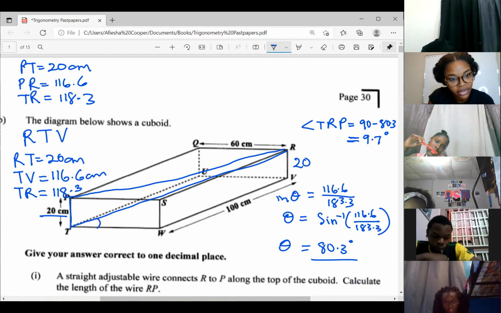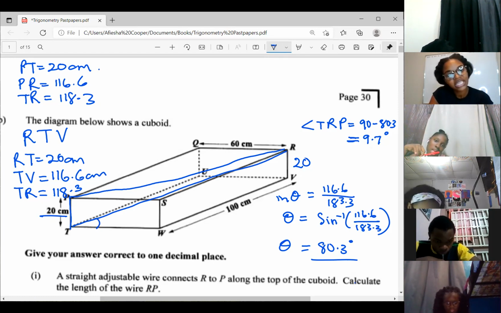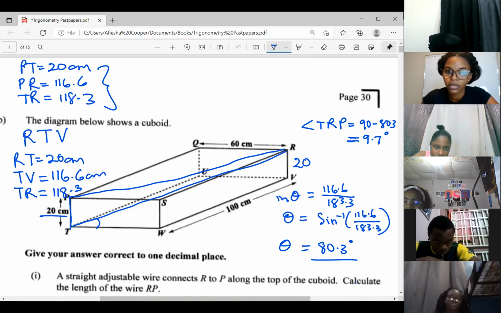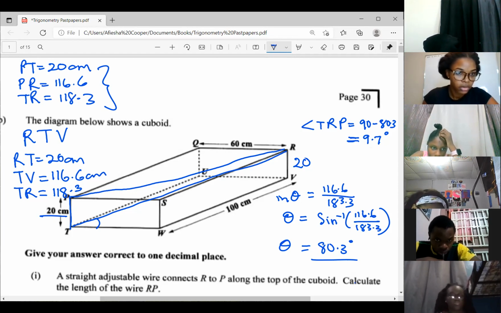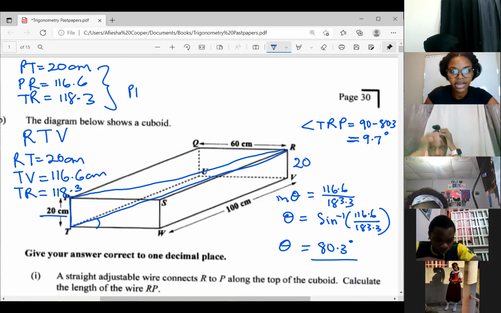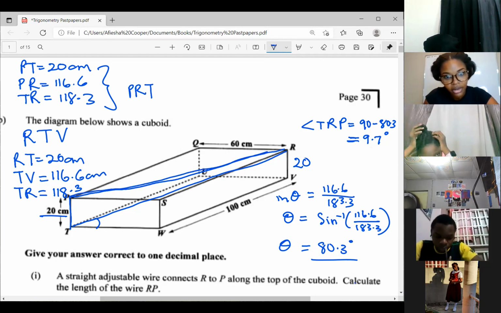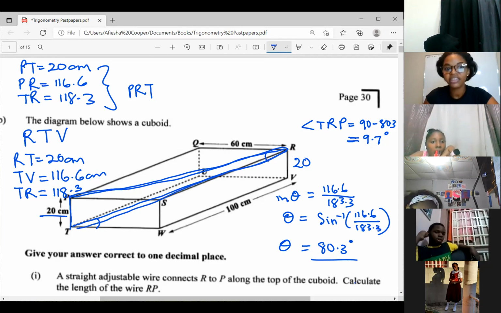RTV was down here. So what angle will match in this triangle? The R angle, PR and T. You all seeing it, right? So it will be PRT, which will give us this because it's the top.